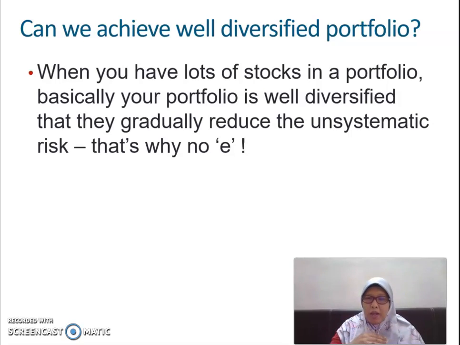When it is well diversified, it gradually reduces the unsystematic risk until we assume it is no longer present in your portfolio. So that's why there is no more E. E is now 0. That's why in the CAPM model there is no E at the back of the math expression.